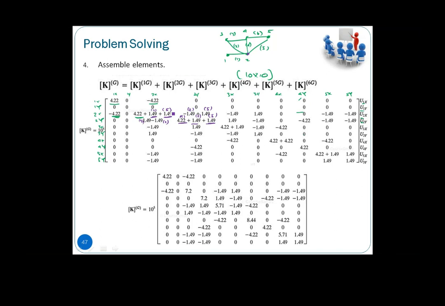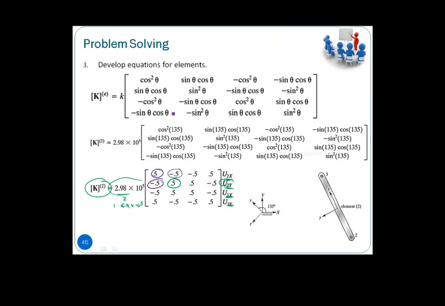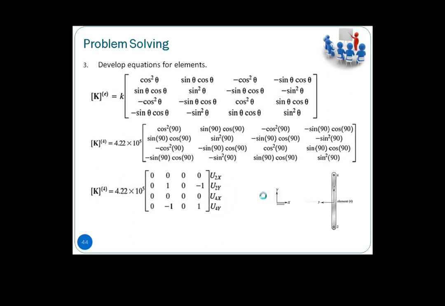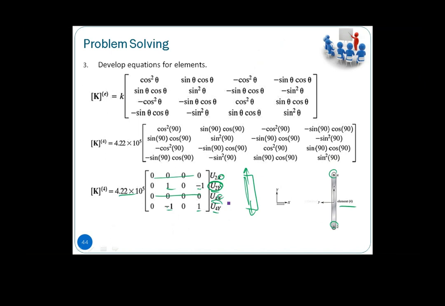Then you have to go towards node 3, so node 3 will cover this one, right? Node 3 will be covered by here 3x and 3y by element number 2, as well as node 3 will be covered by this, in x, 4.22, element number 3.